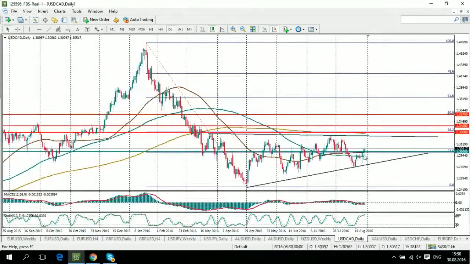US dollar, Canadian dollar, we see here an increase, and the pair is above the key level of 1.30. Weaker oil prices are in favor of the US dollar, and I think that ahead of non-farm payrolls, we may try to test higher levels.